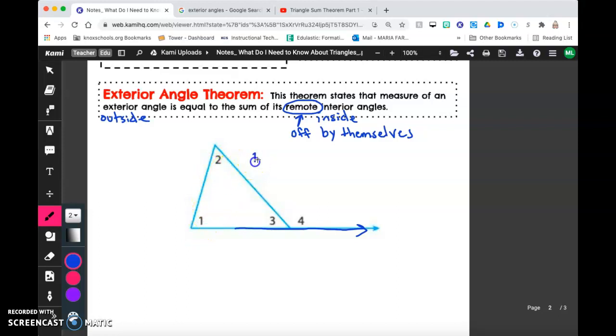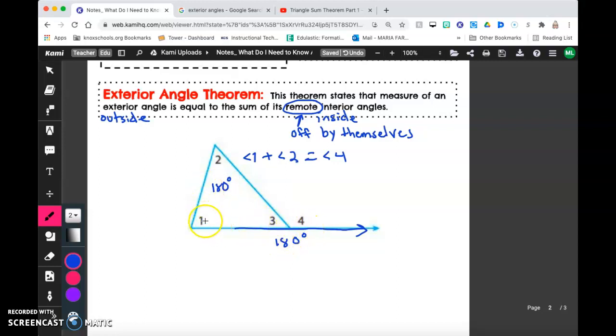That's saying if angle 1 plus angle 2 were added together, that would equal angle 4 here. That's what that's saying. These two angles added up is going to equal this one. That makes sense because a straight line equals 180 degrees. The inside angles of a triangle equal 180 degrees.